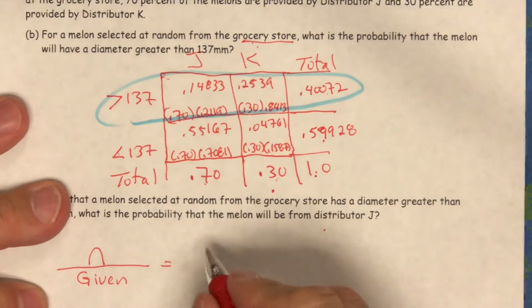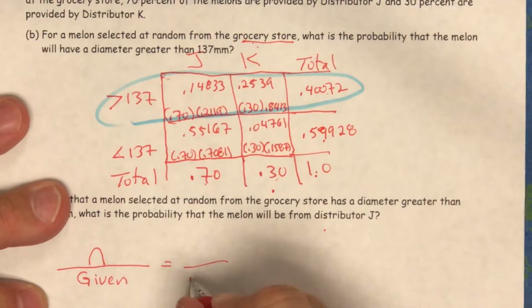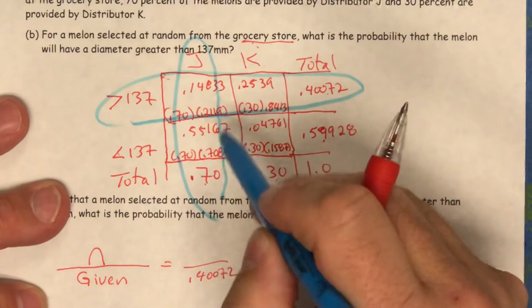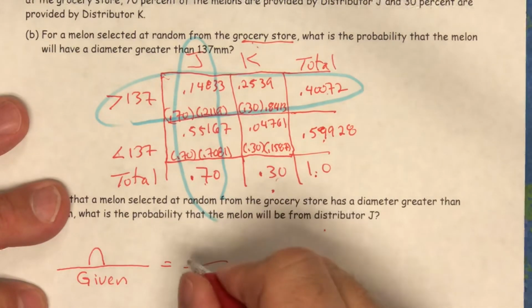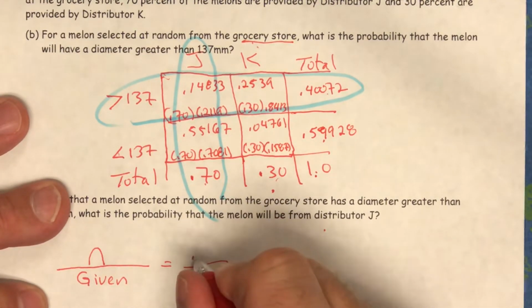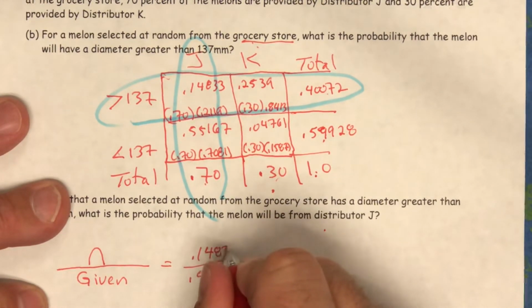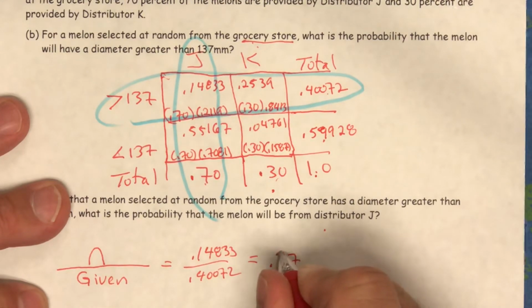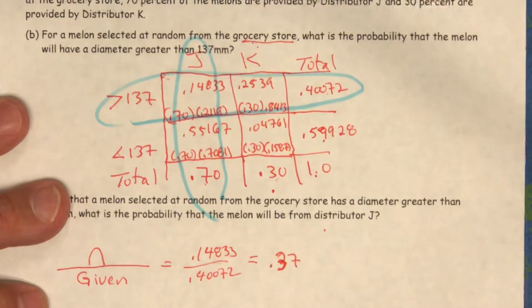So I know that 0.40072 is going in the denominator. And then my intersection from J, oh, it's 0.14833 because that's where the two intersect. That's in the numerator. When I divide that out, that equals 0.37. So that would be my probability.